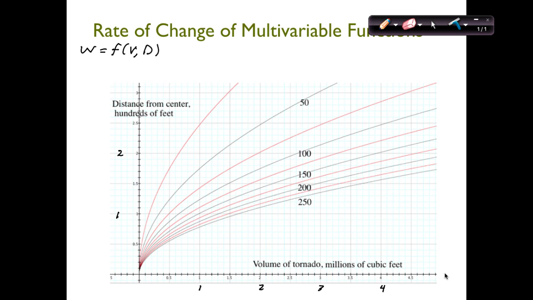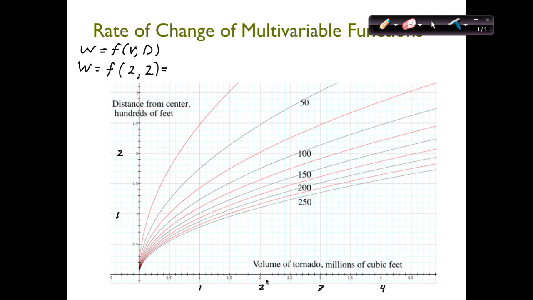First of all, what is the wind speed for a tornado that's 200 million cubic feet and 200 feet from the center? What would the wind speed be? Can you tell what that would be? What would you say? 75 miles per hour.